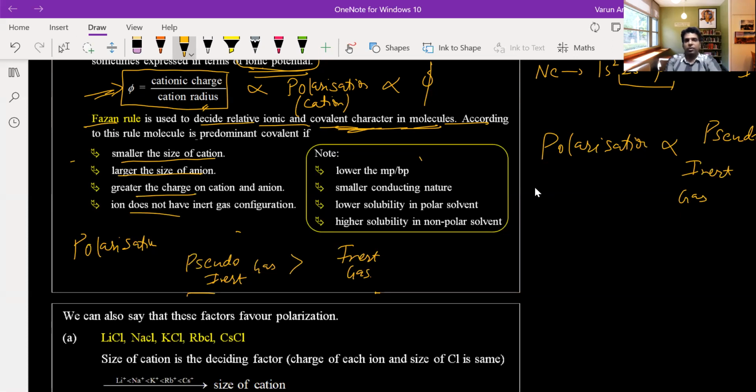Next, iron does not have inert gas configuration, so it should have a pseudo inert gas configuration. So if it is having pseudo inert gas configuration, more is the polarization, more will be the covalent character.